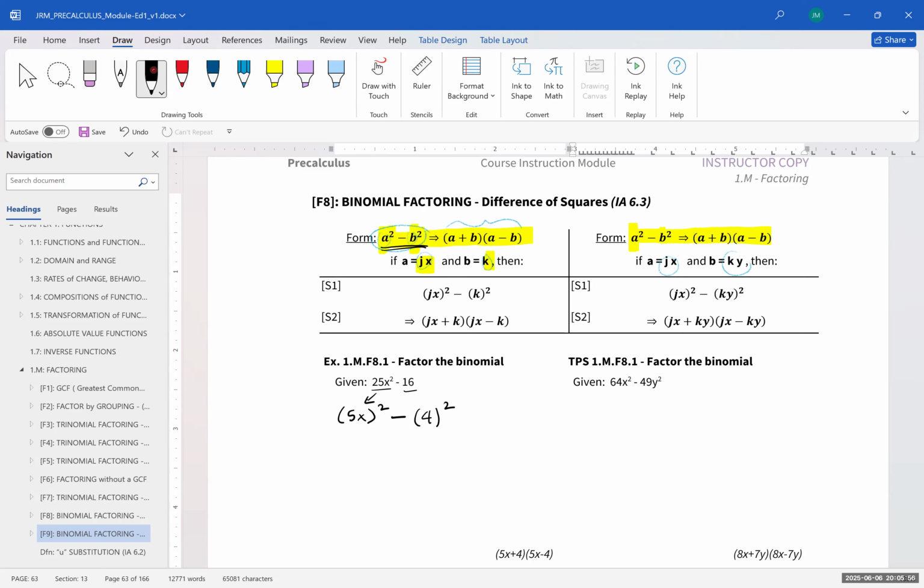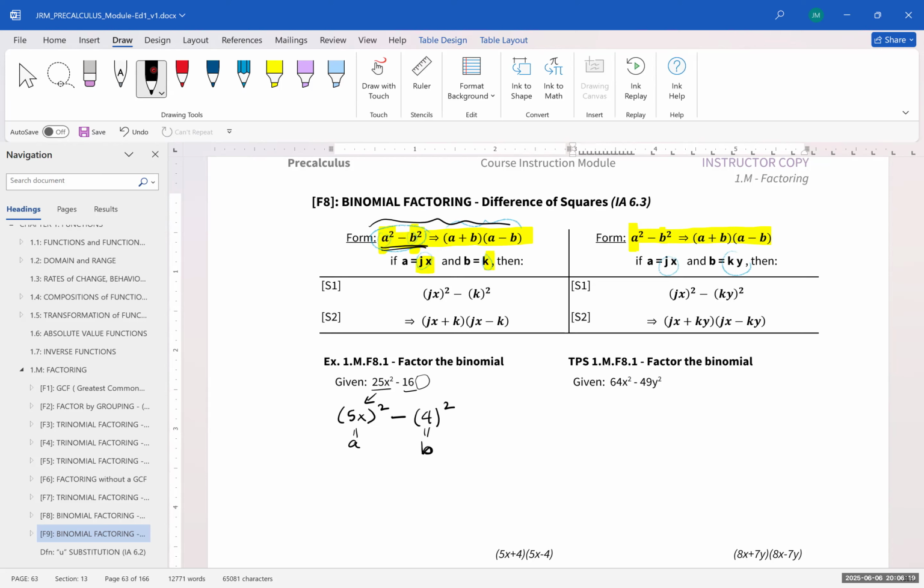Now this first term in the binomial, this is a. The second term, this is b. Now notice that b does not have a variable in it. There wasn't a second variable like a y squared here. So we're dealing with the first variant that I gave up above.